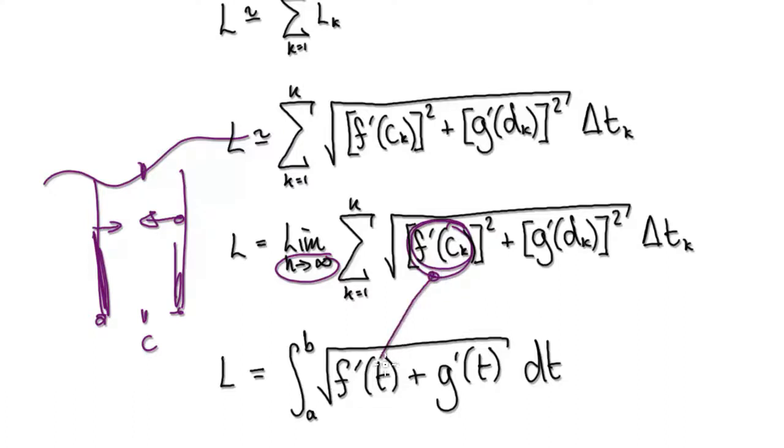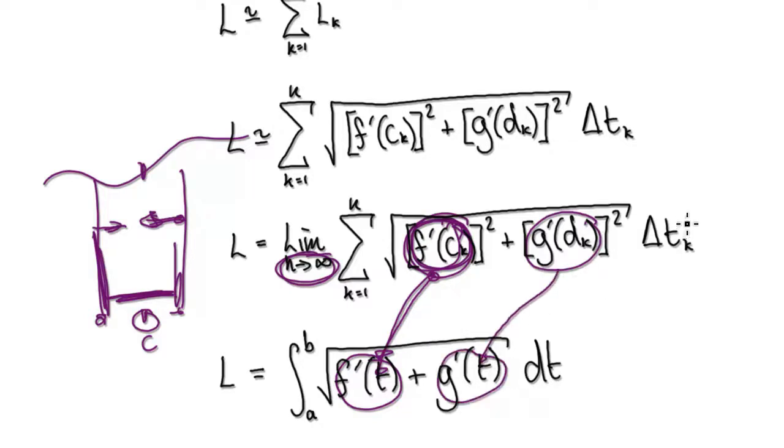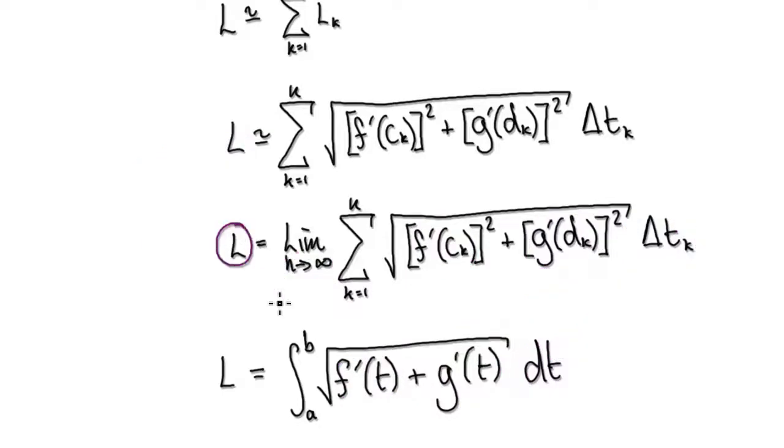I hope you can follow this bit here. If you truly understand the mean value theorem, you can accept this. As n tends to infinity, the width gets smaller and smaller. c, being always trapped in between the two, will lie on top of the derivative of the function. So we can jump from here to here. The same argument will go for this, and then this thing here becomes dt. So the arc length is precisely equal to you taking the integral from a to b of this dt.